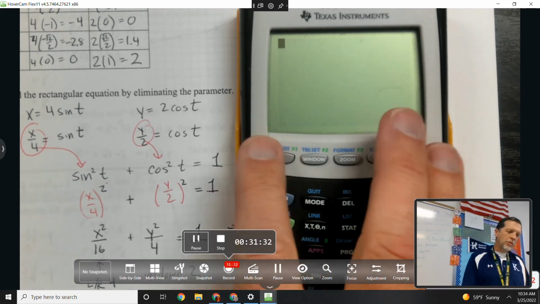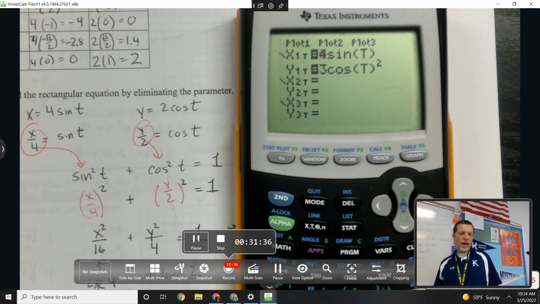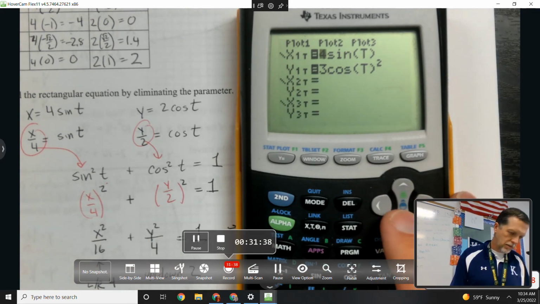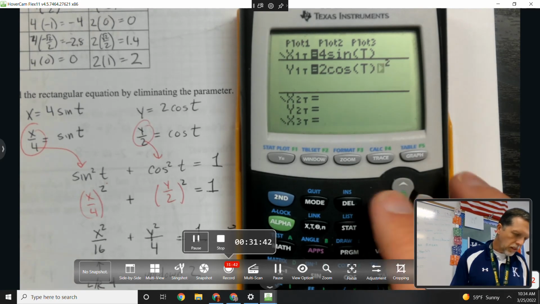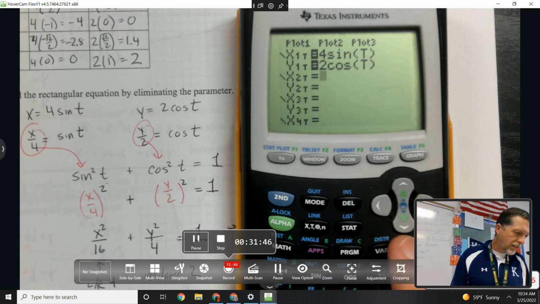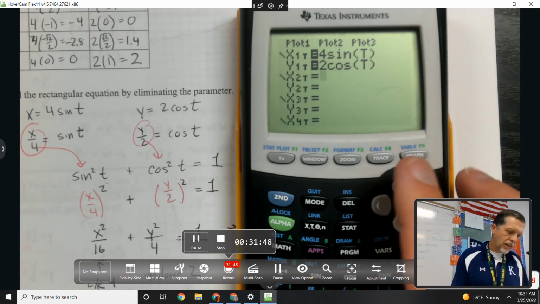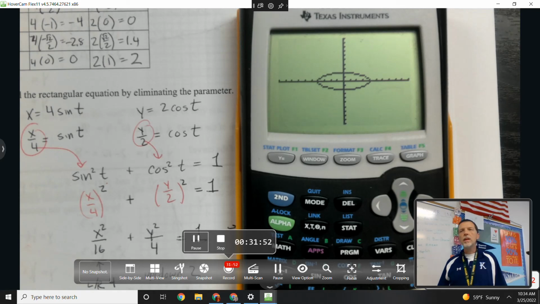And then when you go to y equals, it doesn't really give you y equals. It gives you x equals and y equals. 4 sine t and 2 cosine t. And if you graph it, you get the ellipse. And it also graphs it in order.